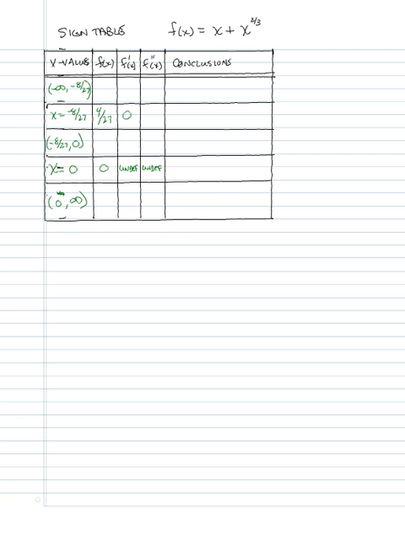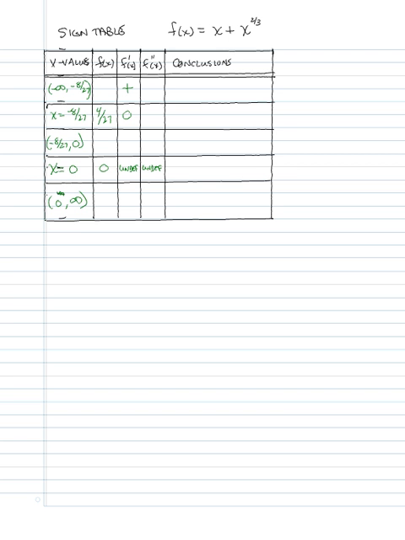For instance, something as simple as negative 1. And we could plug it into the first derivative, and we would find out that we actually got a positive value. So we would get a plus there.